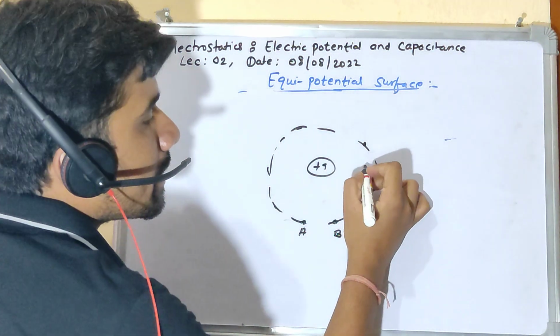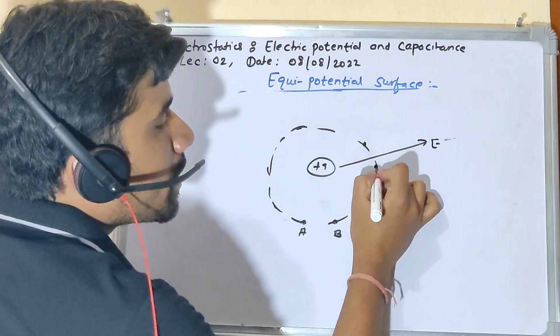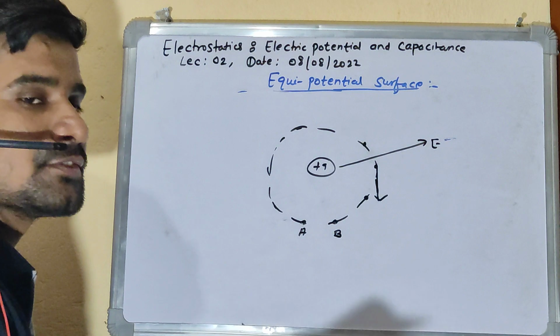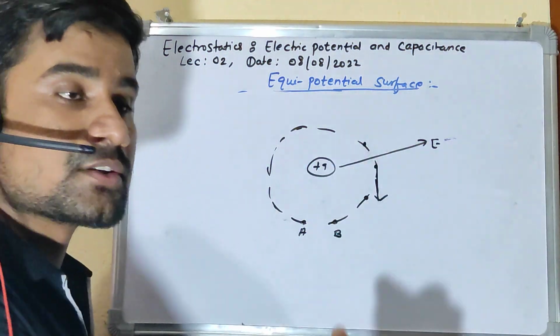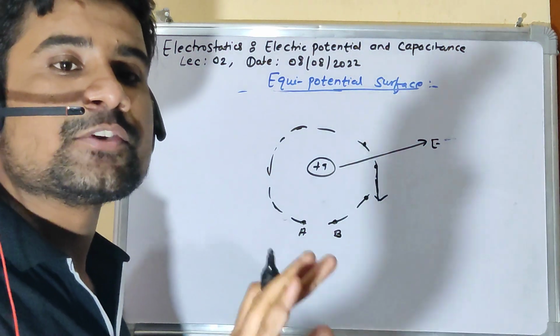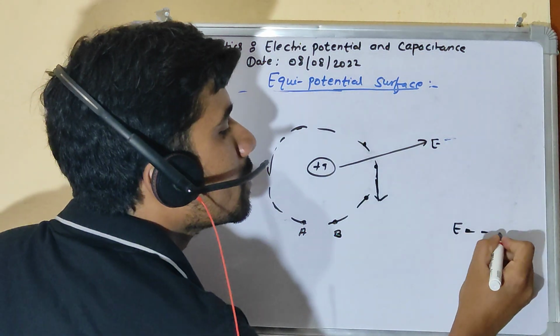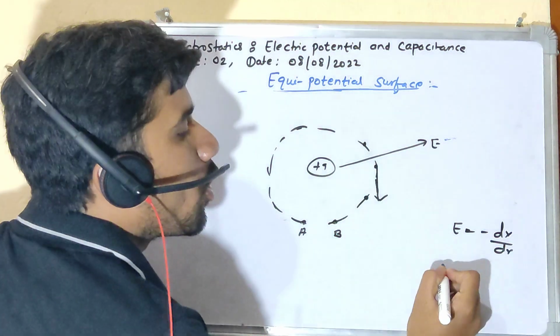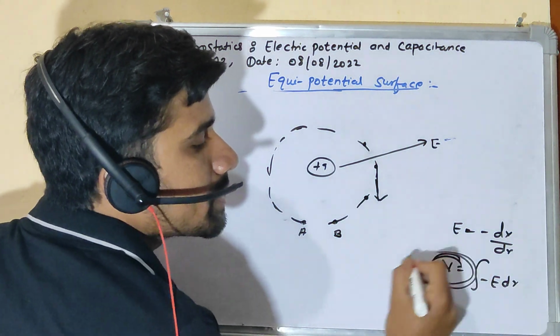And let's say the electric field is not perpendicular but has some component along the surface. If the electric field has some component on the surface, you know by the expression E equal to minus dV by dr, or V equal to integration of E dr, there will be a potential difference on the surface.